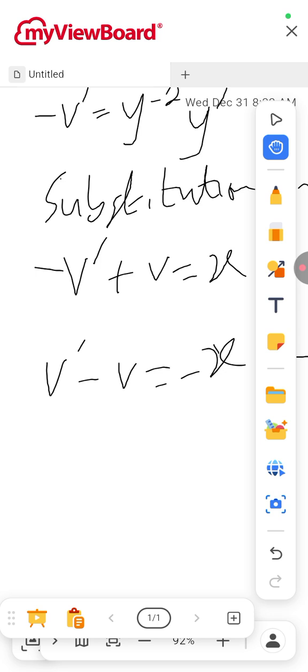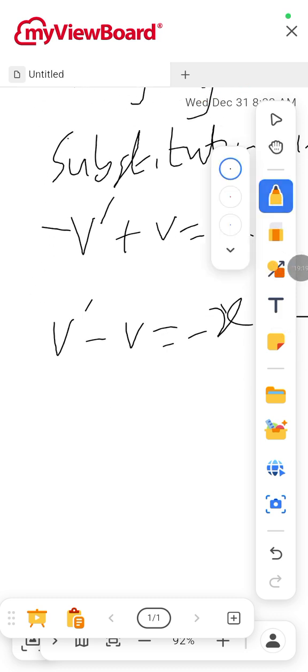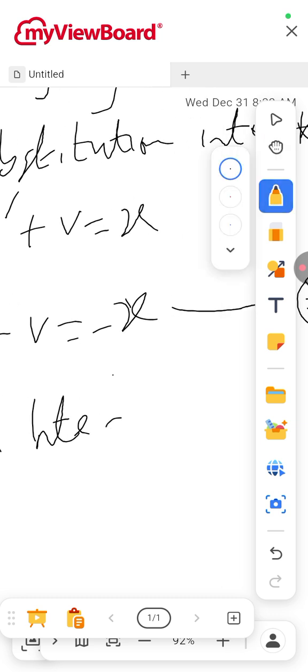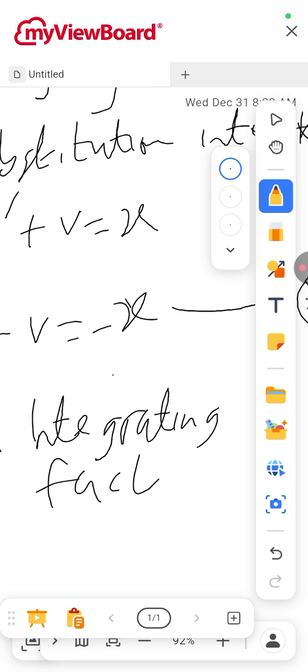Now what's integrating factor? So that's the next step. Find your integrating factor.